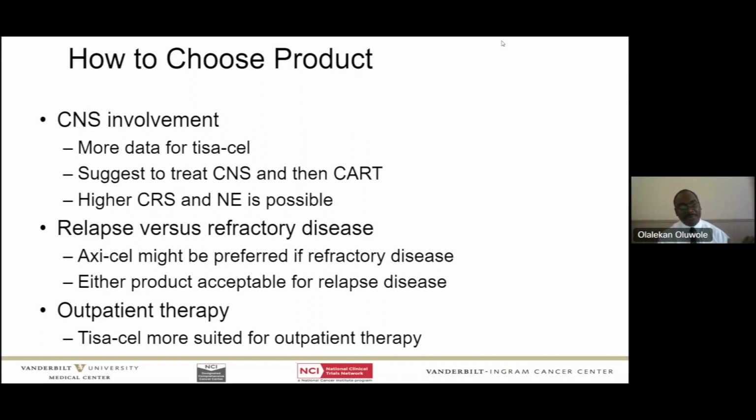In fact, they preferentially skewed the decision making to allow more refractory patients. So if a patient had refractory disease, you might want to consider axi-cell. You could use tisagenlecleucel also, but it's one thing to consider. And outpatient therapy, we have real-world evidence that axi-cell is more suited for outpatient therapy.